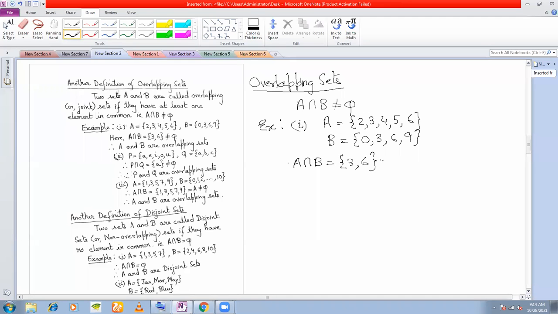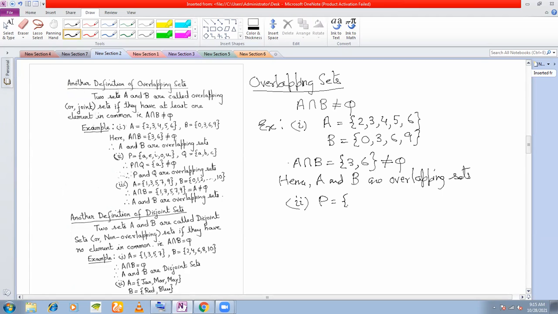So is A intersection B equal to null set? Is it an empty set? No, it is not an empty set. It contains two elements, 3 and 6. So we say, hence, A and B are overlapping sets. Is this definition clear to everyone? Any question?